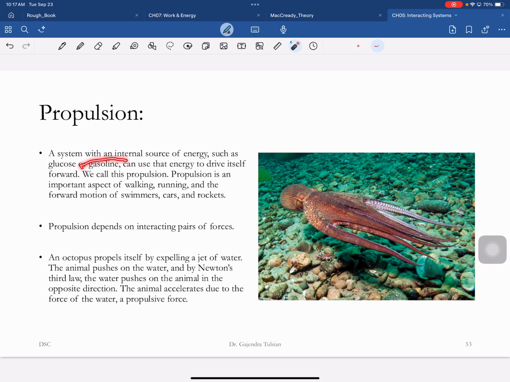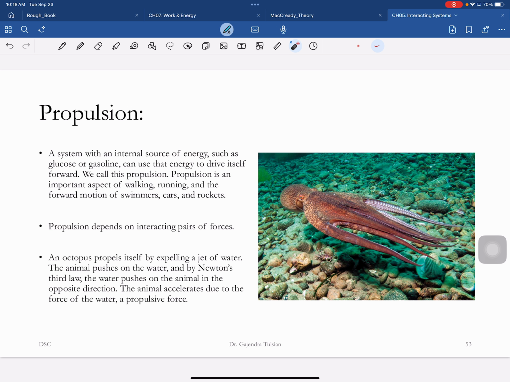Okay, a system with internal source of energy, such as ATP or gasoline, can use this energy to drive itself forward. So you do need a source of energy. Okay, we call this propulsion. It's an important aspect of walking, running, and swimming, etc. So it depends on interacting forces. An octopus propels itself by expelling a jet of water. Okay, it's like if you shoot a gun, you recoil.